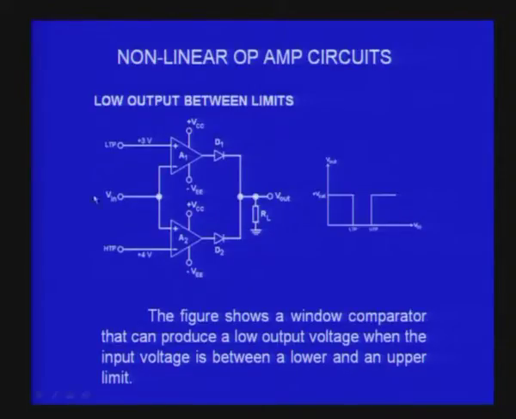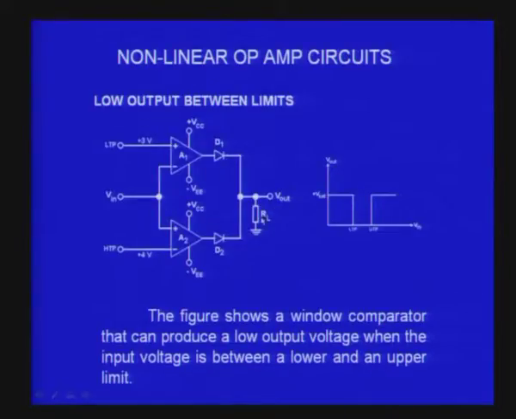So, when you give the input voltage here, these two comparators have two different thresholds corresponding to LTP and HTP or UTP, and therefore, whenever this voltage goes beyond these limits, you would find something will happen at the output stage. Now, at these two op amp outputs, we have connected diodes D1 and D2, and we have combined the two outputs together, and through an RL we are looking for the output voltage at this point.